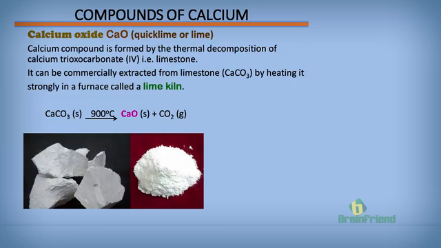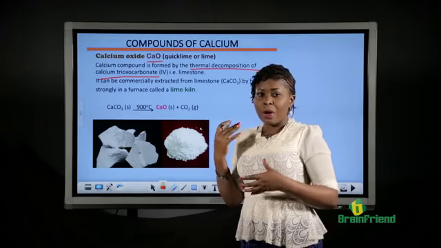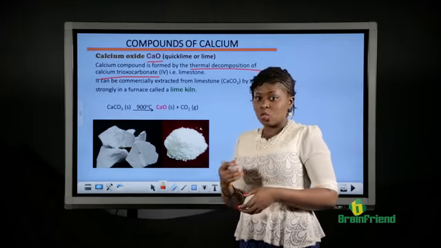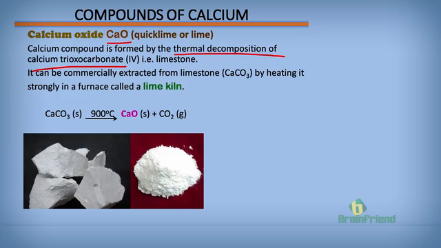Next compound of calcium we'll be looking at is what? Calcium oxide, otherwise called quicklime or lime. Calcium oxide is formed by thermal decomposition of calcium carbonate, of course, which is limestone, and it can be commercially extracted from limestone. So when we have limestone, we can extract calcium oxide from it.